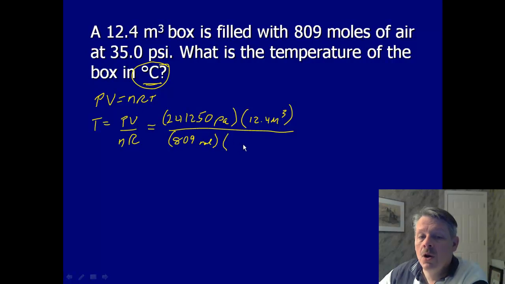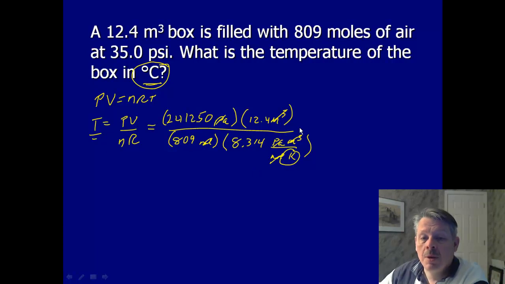And our R value is 8.314, and I'm going to write it out: pascals, cubic meters, over moles and Kelvin. Now, why did I write it out? Because I want to notice that my pascals cancel, my cubic meters cancel, my moles cancel, and I'm going to be left with Kelvin, which is what I want because I'm doing my temperature.